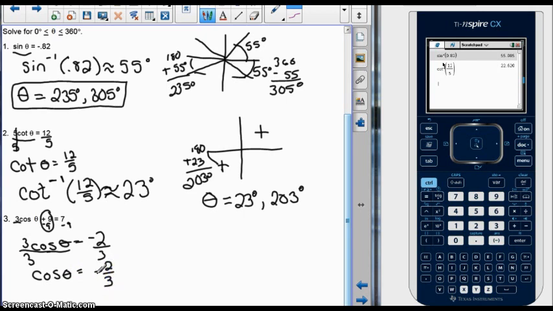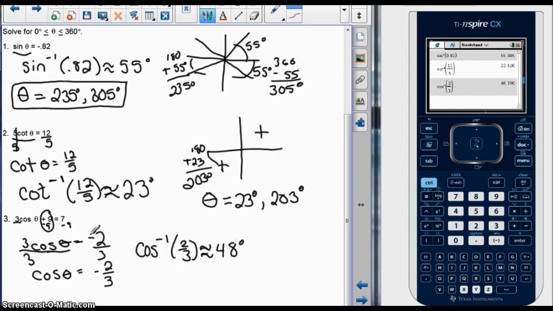So we're going to ignore the negative. We're going to say cosine inverse of 2/3. Go to our calculator, trig, inverse cosine, 2/3, and we get 48.19, so we're going to call that about 48.